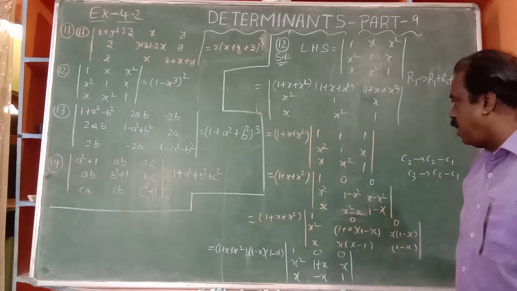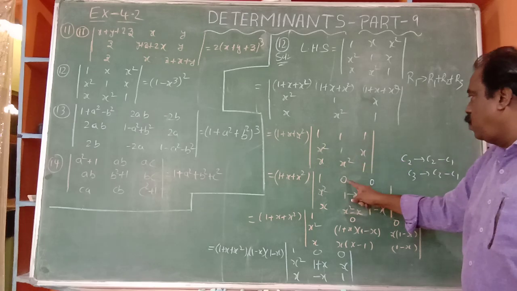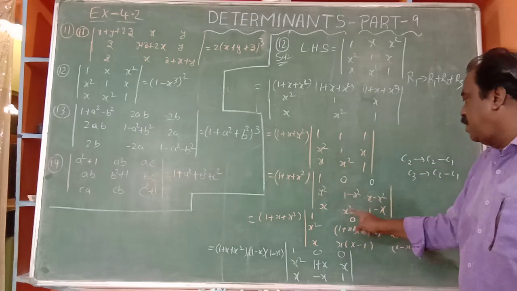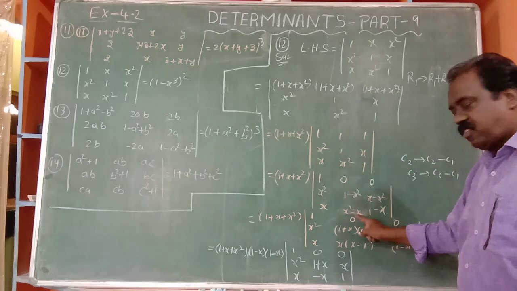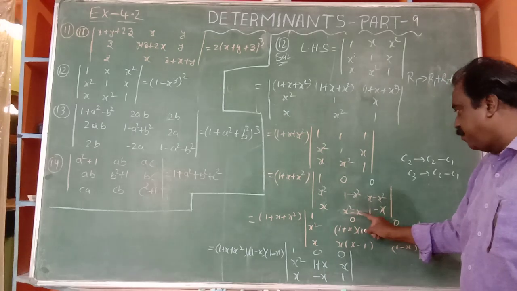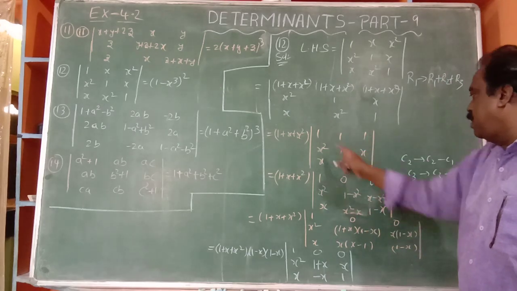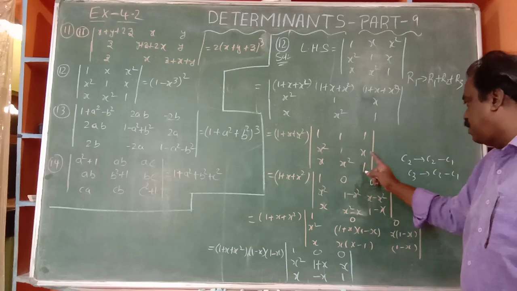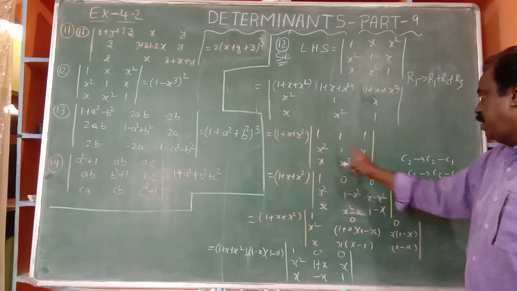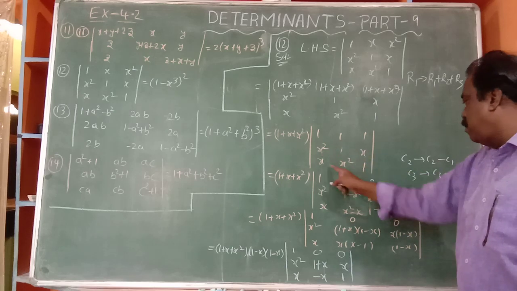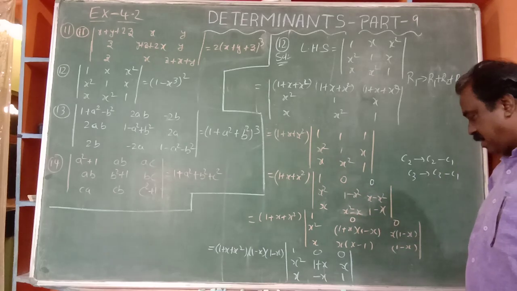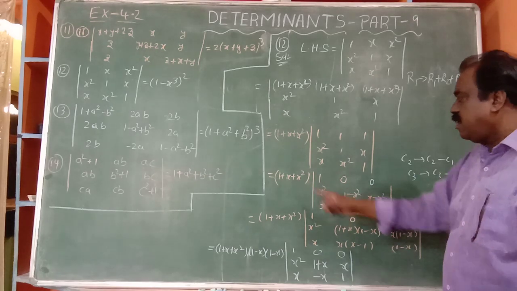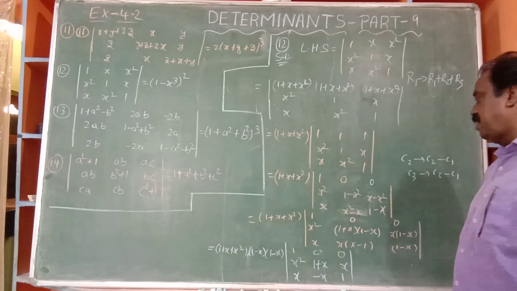That common is okay. 1 minus 1 is 0, and 1 minus x square minus x. Be careful here. And again 1 minus 1 is 0. x minus x, x minus x square is okay, and 1 minus x. Like that. Now the common is as it is, 1 plus x plus x square.